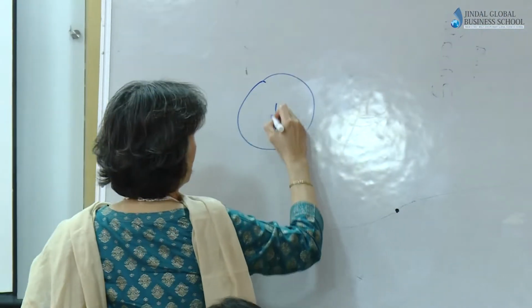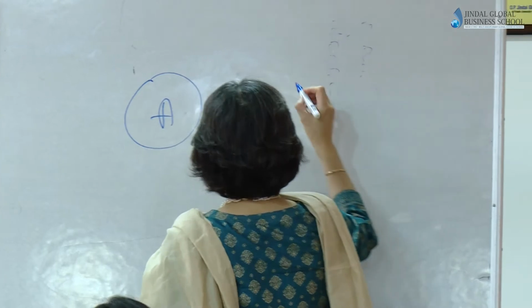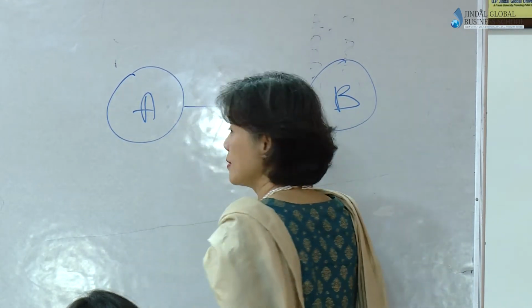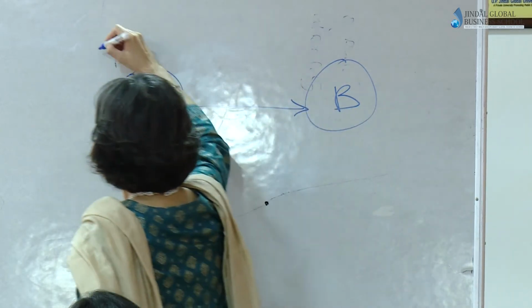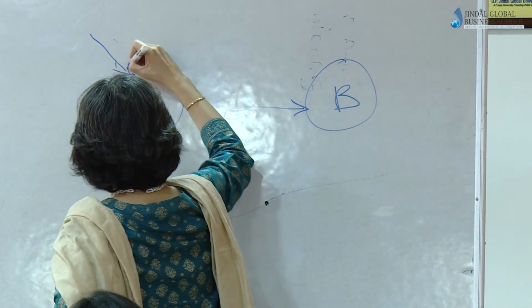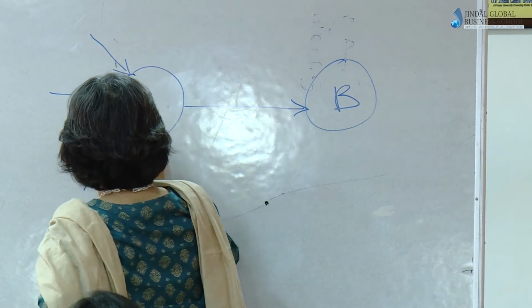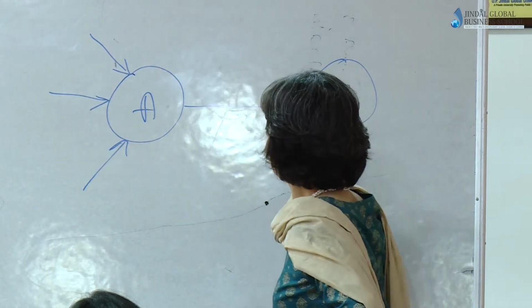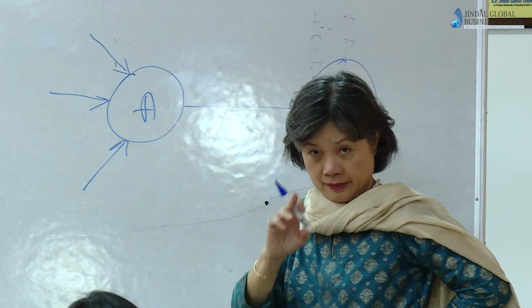So if I have a construct A and I have construct B and I'm claiming that A leads to B, and let's say I have many antecedents, each one of them should have the same consequence.